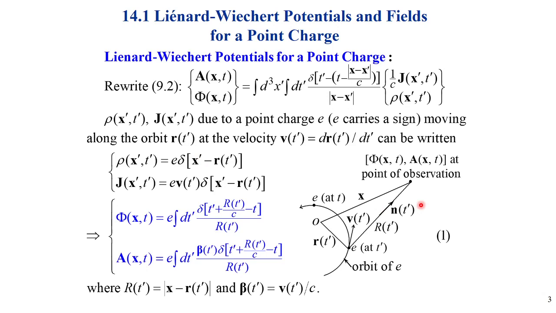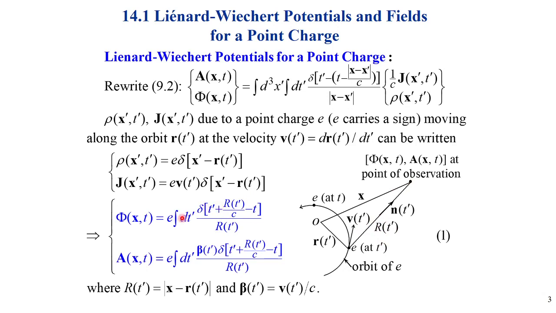Divided by the speed of light. It's free space, so the propagation time from here to here is r over c. Therefore, if an event occurs at t prime here, it takes t prime plus r over c to reach here. That's why this equation looks like this.